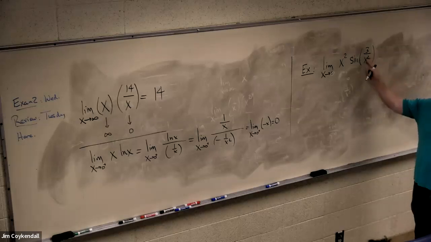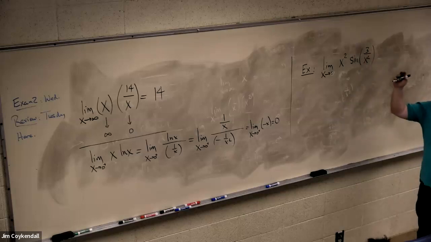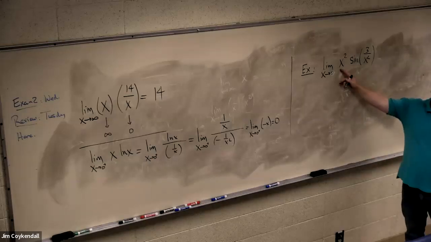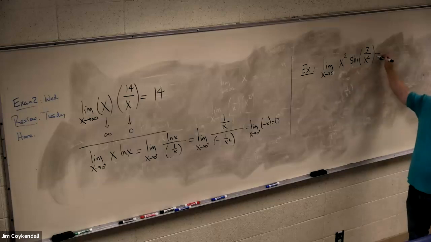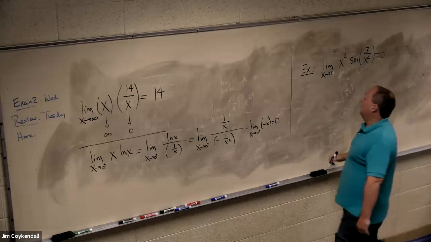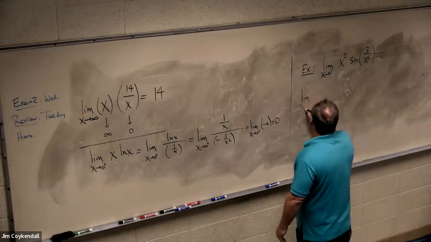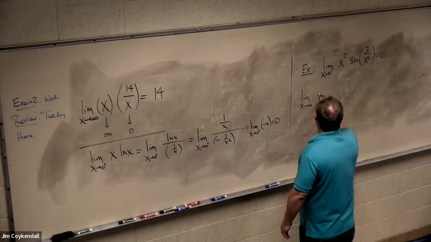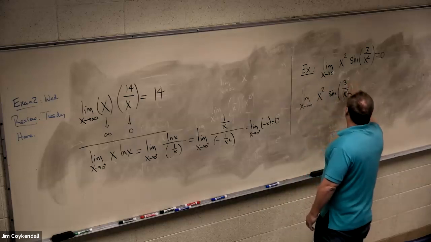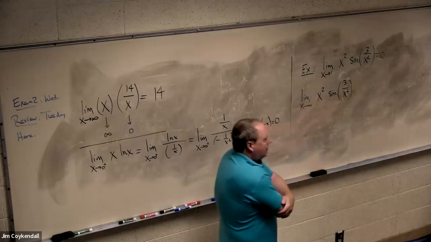Because the angle 3 over x squared is growing very fast, and then you're taking the sine of this, so it's wiggling back and forth between plus and minus 1. Everybody agree with that? But this is going to 0, and this is never getting bigger than 1, so this is a squeeze. This is what I meant to write. How about that?